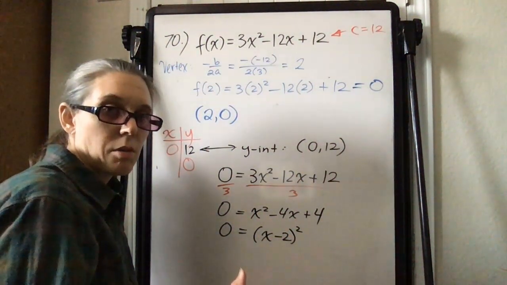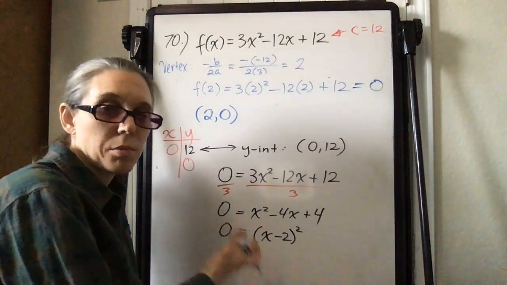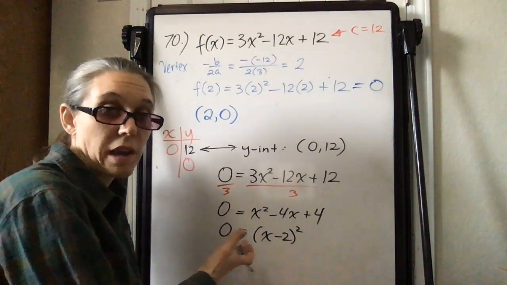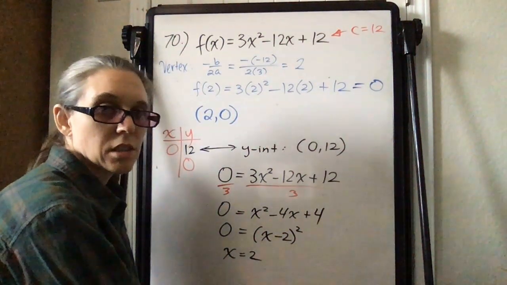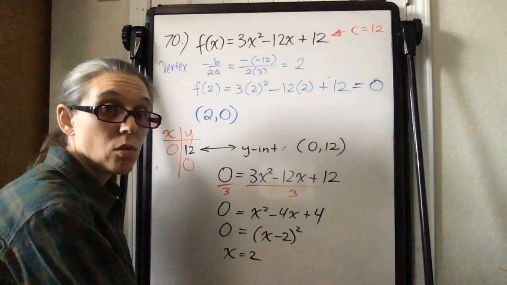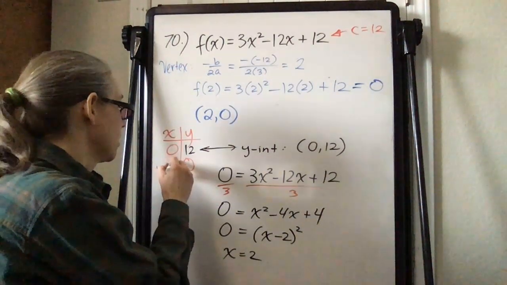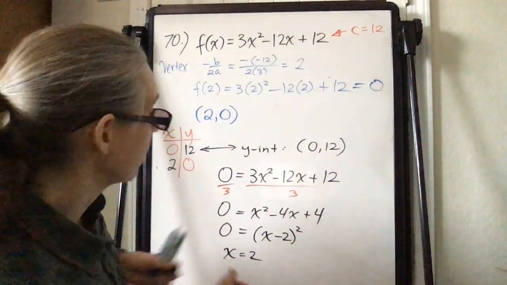So then, whether you use the square root property or the zero factor property, you get x is equal to 2. So in this case, there is actually only one x-intercept. Why is that?